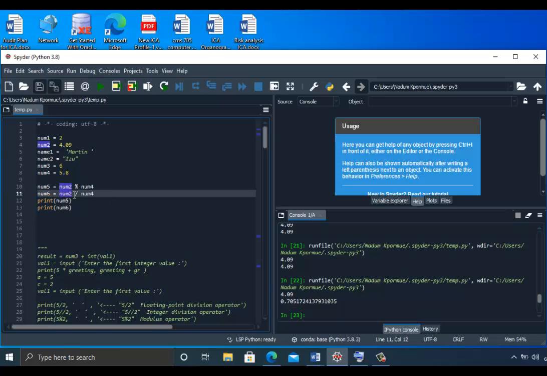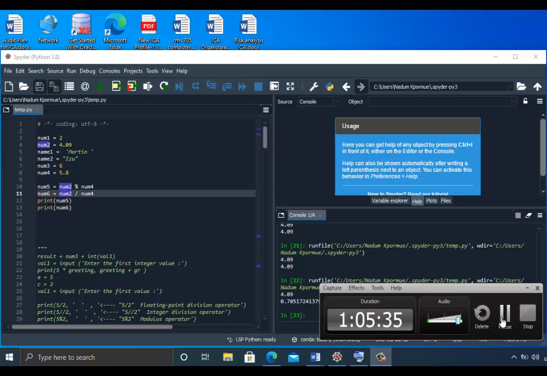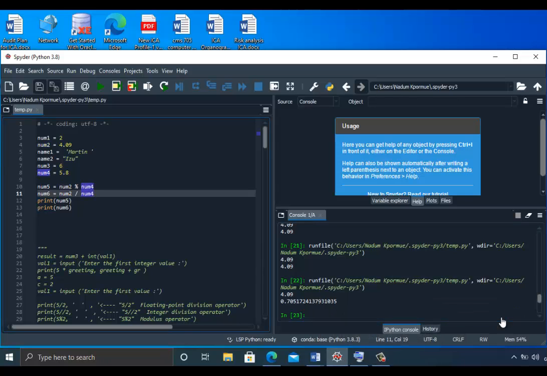Let's change this so we could see the difference there. Num2 modulus 4 gives us the remainder. By the time you do this division, num2 is 4.09, then num4 is 5 point this.